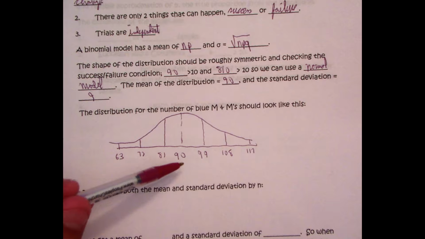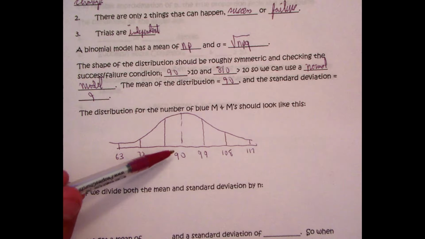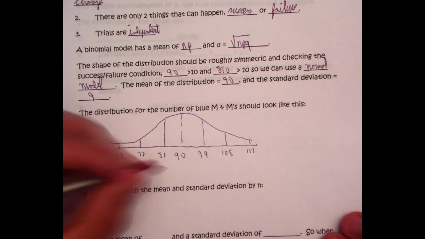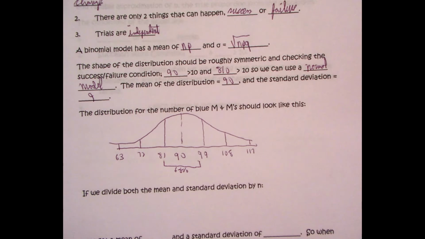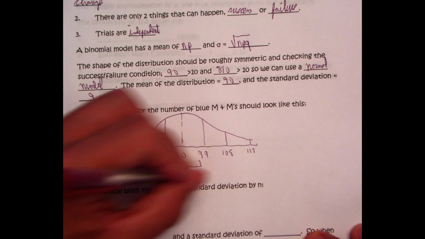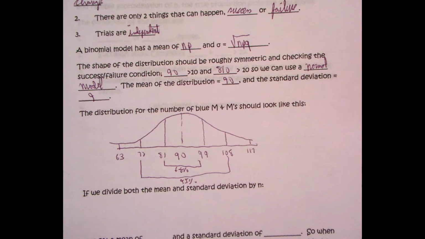Okay, just because the population of all M&Ms, 10% of them are blue, doesn't mean that in every single sample that we take we're going to get 10% blue M&Ms. Okay, there's going to be variation in there. Okay, so 68% of the time we would get between 81 and 99 M&Ms, and then 95% of the time we would get between 72 and 108 blue M&Ms, and then 99.7% of the time we would get between 63 and 117 blue M&Ms. Okay.